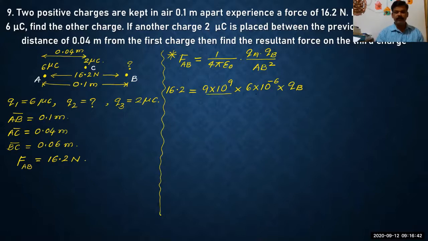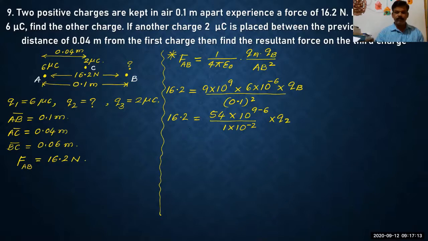And divided by AB square, and AB is 0.1 whole square. So simplify the RHS. It is 9 into 6, 54, into 10 raised to 9 minus 6, divided by 0.1 whole square, which is 0.01 or 1 into 10 raised to minus 2. And QB or Q2 is kept as it is.